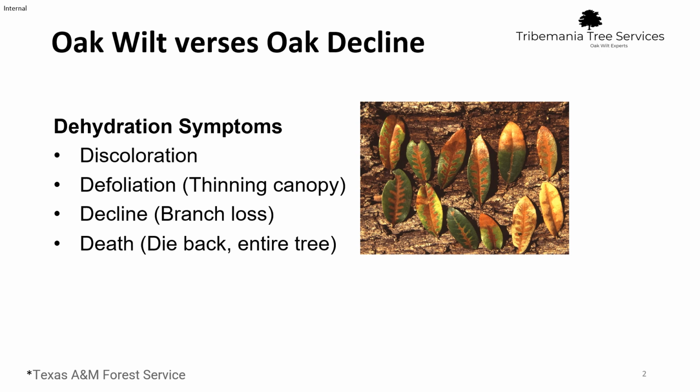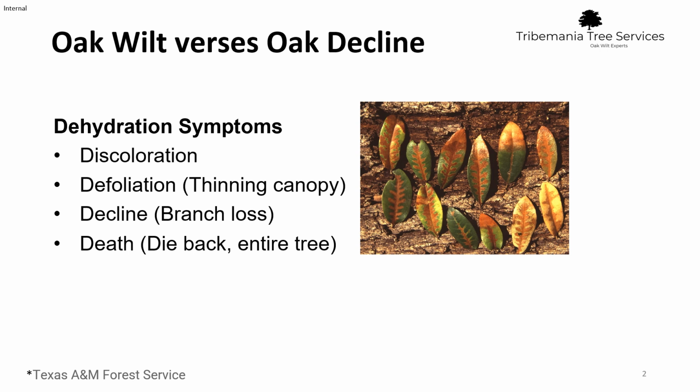And most of the trees in our ecosystem are being affected, most of the oak species. But the first symptom is just discoloration. A healthy and hydrated tree is going to have bright green, lush leaves. So discoloration is a symptom.